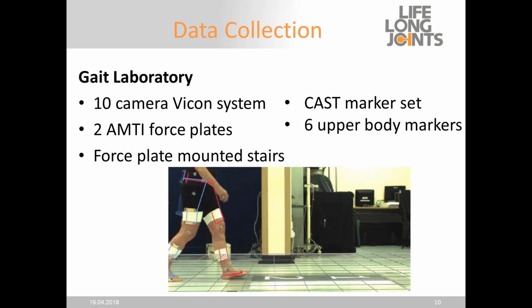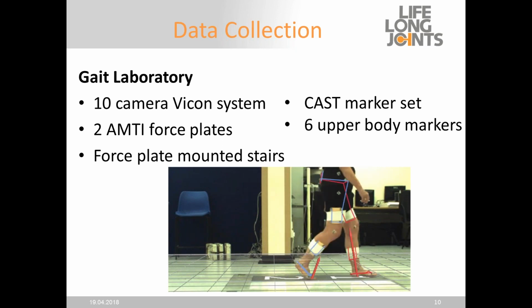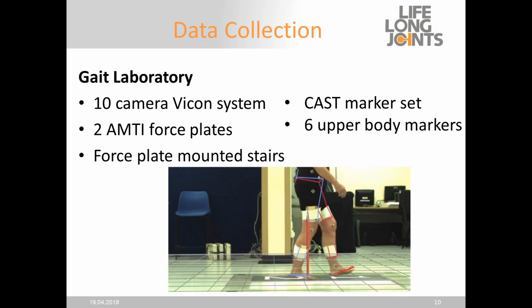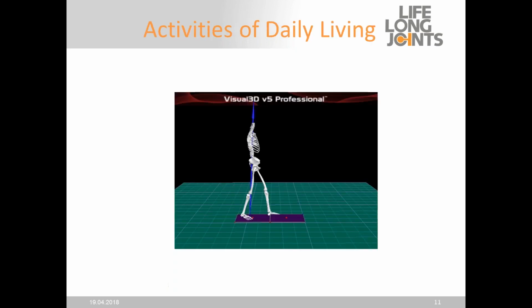And for some of the other activities of daily living, we looked at stair ascent and descent, and for this we used force plate mounted stairs. After we collected our data, we did some post-processing in the Visual 3D software. This allowed us to filter some of our data, add some gait events, and also add some of the patient demographic metrics, which we could then use to collate the data in AnyBody model.